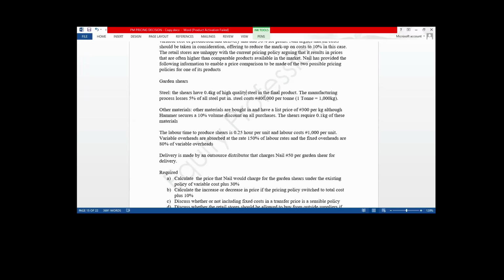Process loss, 5%. That means the actual amount used for production is 95%. That 95% is represented by 0.4 kg. To achieve a quality final product, we must have 0.4 kg.